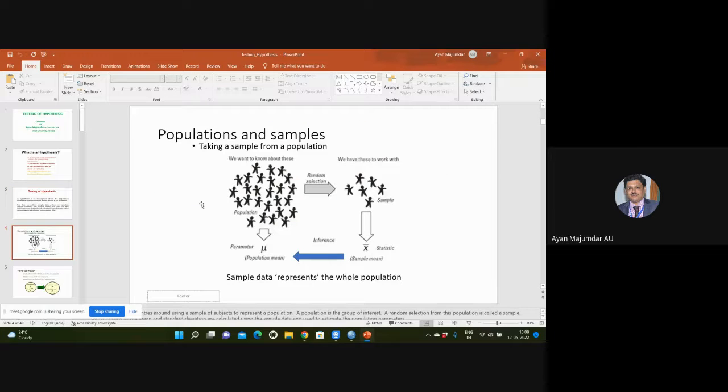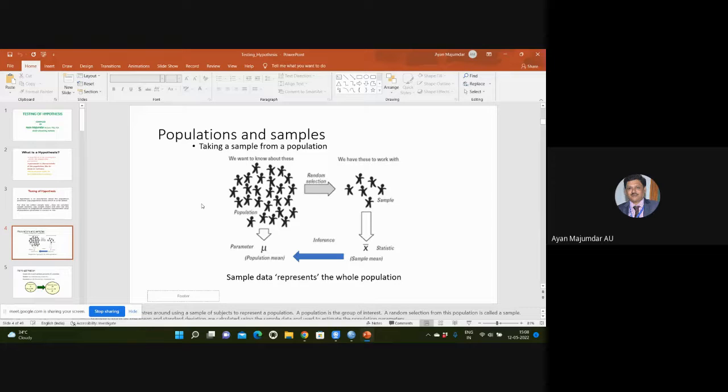This is how it will look. There will be a population. From that population we take a sample, here a random sample. We calculate the sample statistic, the mean, and through testing we check whether the population mean of 58 kg is correct or not.